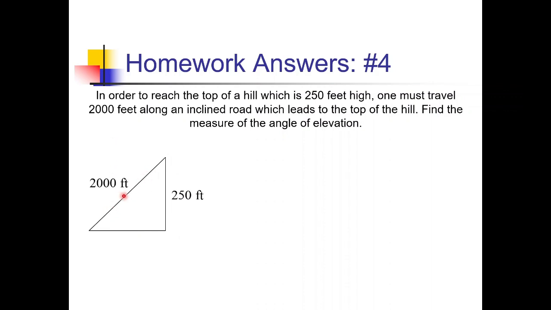And then this road itself is our 2,000 feet. And we want to find the angle of elevation, so that's this angle in the lower left between the horizontal and the hypotenuse. Alright, so I've got the opposite side over here from the angle, and I've also got the hypotenuse. O and H, that's the SO part of SOHCAHTOA, so sine of theta equals opposite over hypotenuse.